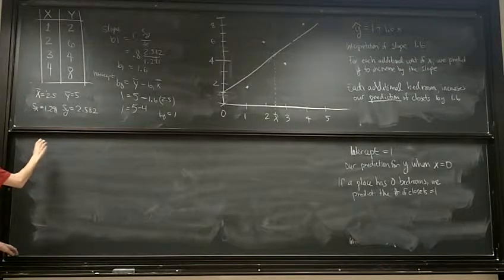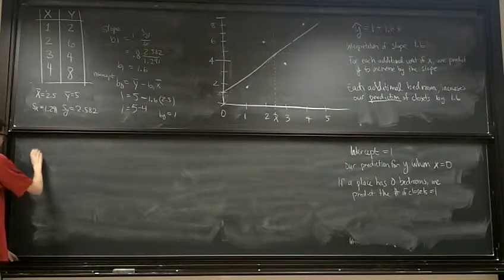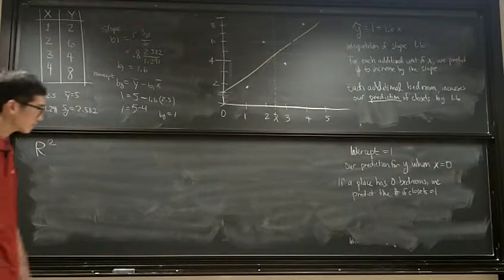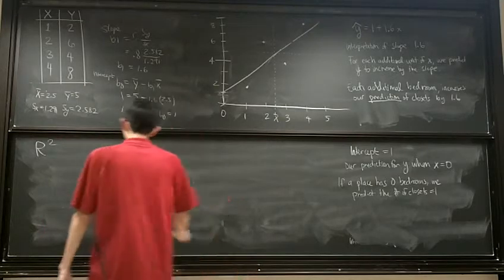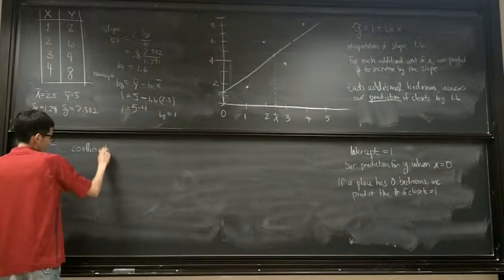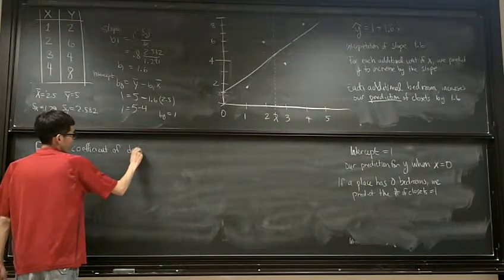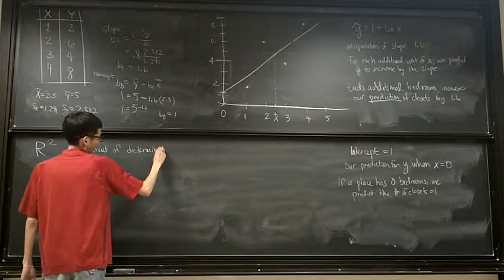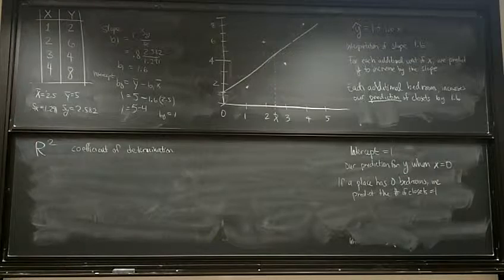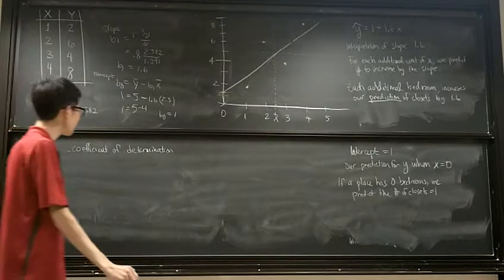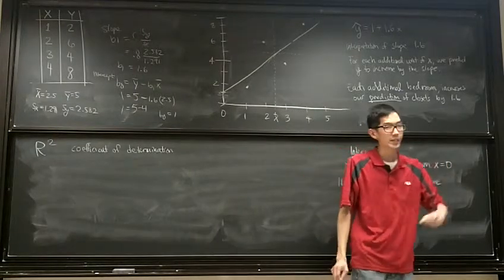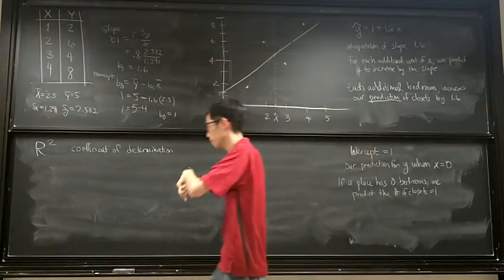Let's see. Okay. Oh, the other thing is there's a value called r squared. Okay. And this is called the coefficient of determination. It's a fancy name. To use the word coefficient for a lot of things. But it tells us how much of the variation in y can be explained by the regression.